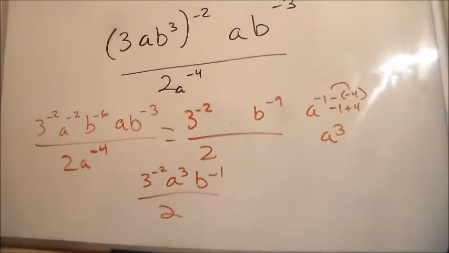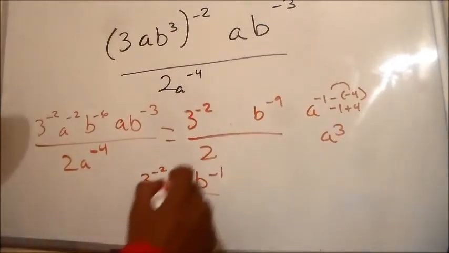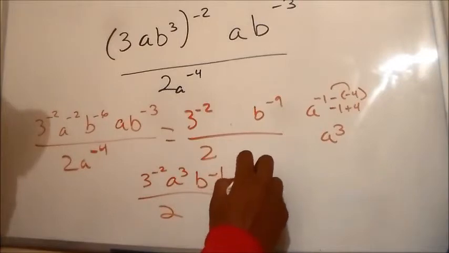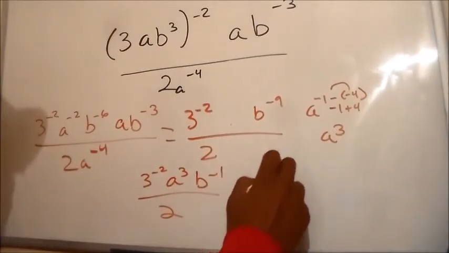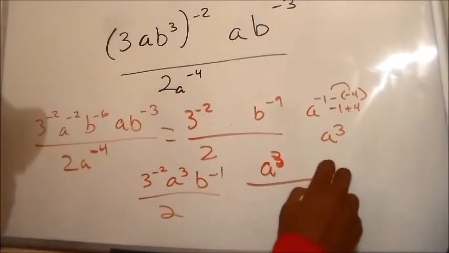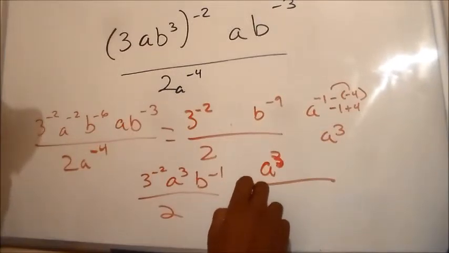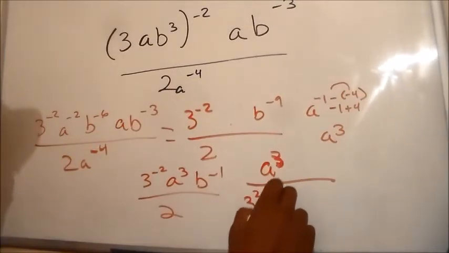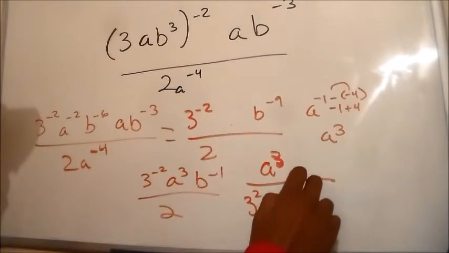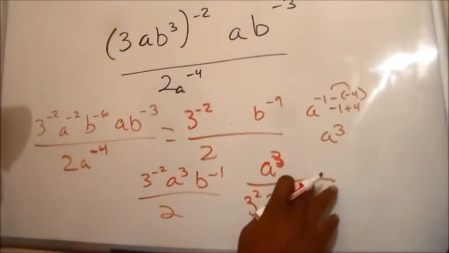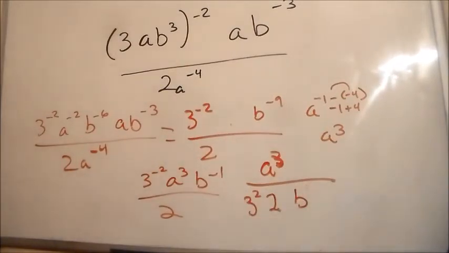And 2 is okay. So basically what we're going to get is A stays up top, upstairs, because he has a great attitude. 3 comes down, 2 comes down, B to the 1, we don't have to say this, just pretty much understood. Alright?